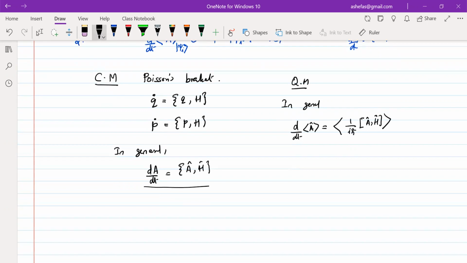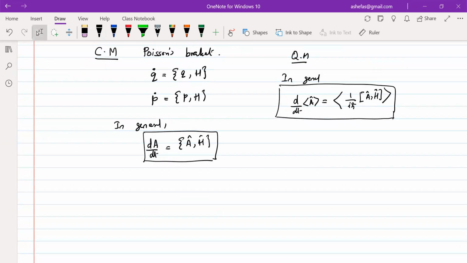If you compare these two equations, we can see that there is a direct analogy between the Poisson bracket and the commutator. That is, the Poisson bracket {A, H} in classical mechanics is replaced by 1 by i h cross times the commutator [A, H] in quantum mechanics. So you can see this kind of connection from classical to quantum or quantum to classical.